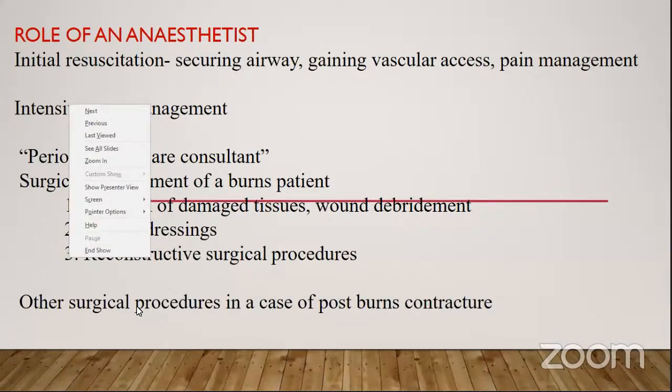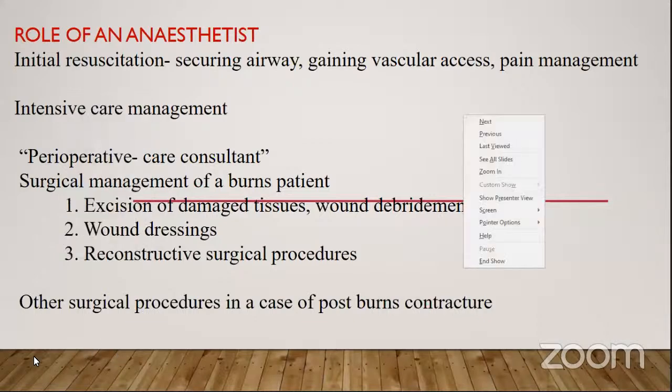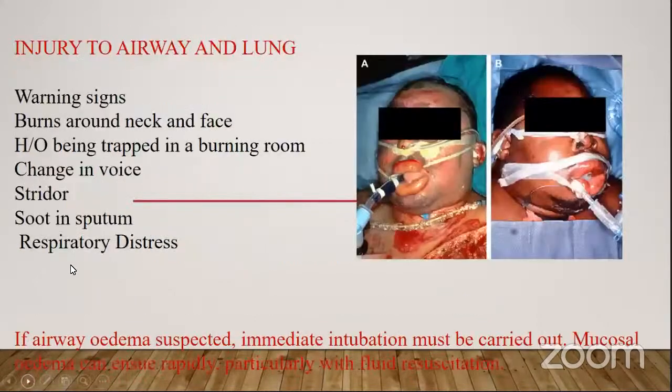Injury to airway and lung. One of the warning signs that the patient may have inhalational injury is a history of being trapped in a burning building. If there is full thickness burn around the face or neck, or change in voice, the patient may have hoarse voice or stridor, or if there is sputum or carbonaceous sputum.